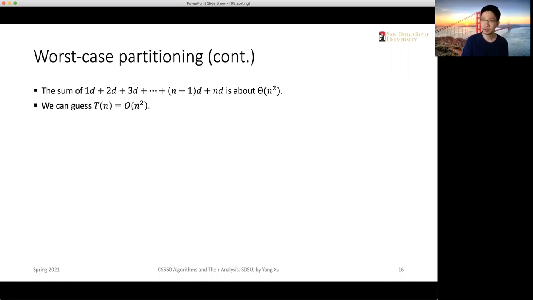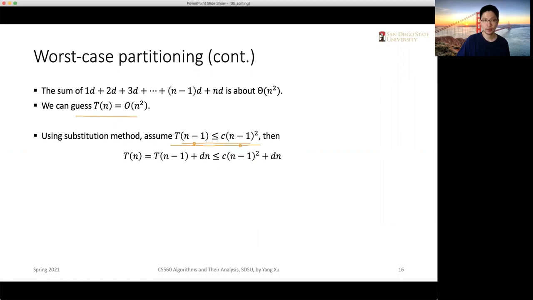Okay. So having this as a guess, then what? We can try to prove it, right? We can try to prove this guess is correct using the substitution method, right? So assuming the guess is correct in this smaller condition, when n minus 1 is the input, then this inequality should be satisfied, right? Then we can substitute this into the right half of the original recurrence, which results in this inequality.